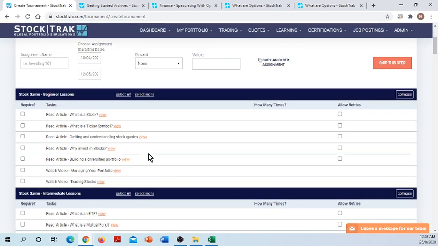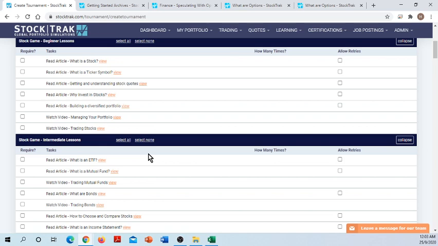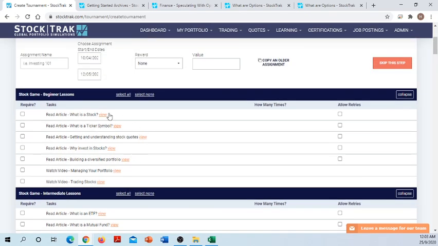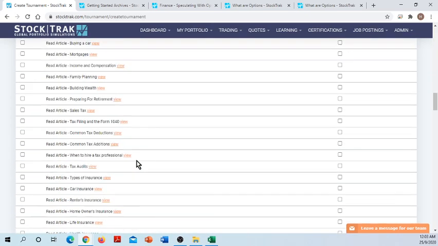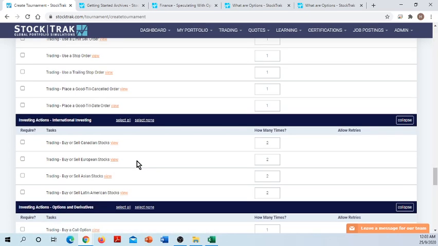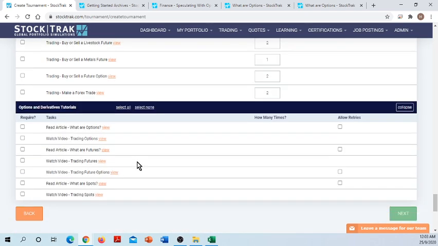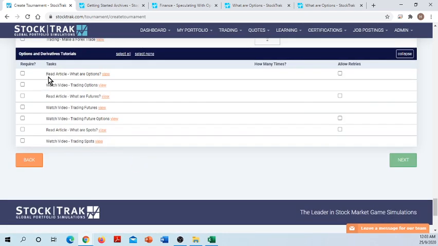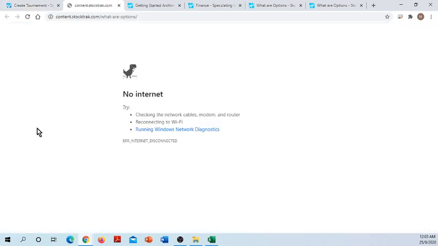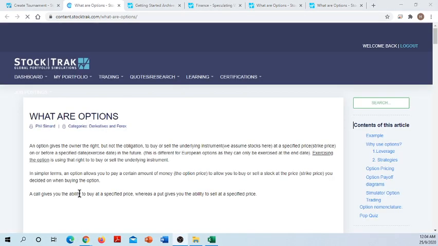Now, next here, if you want to create an assignment for the course you are teaching, there are different assignments that relate to different aspects of finance and even to different levels of knowledge. So for example, if I choose options and derivatives tutorials, you will see, sorry, just a second.